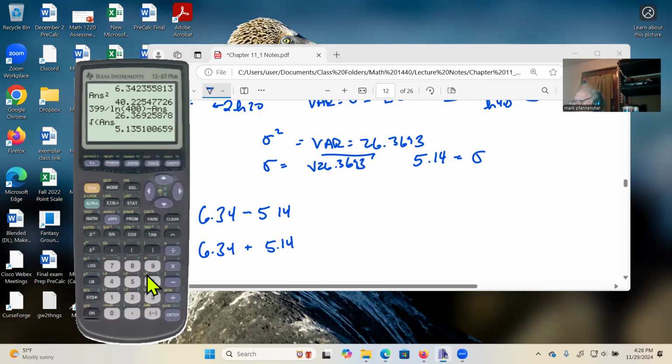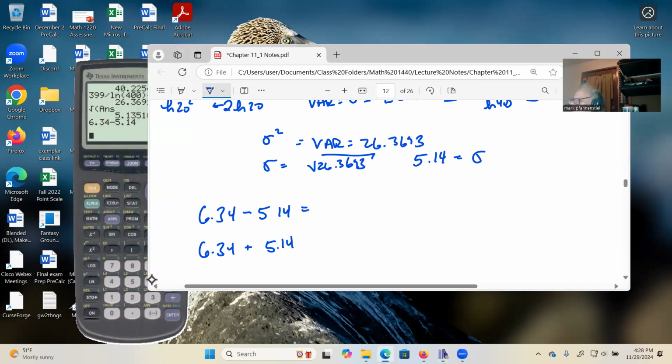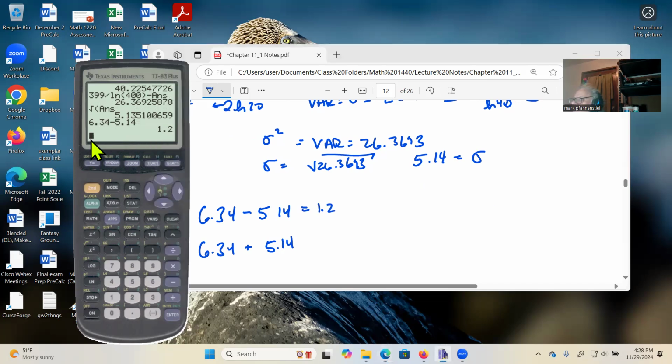Those are the values that are within one standard deviation of the mean. So we have 6.34 minus 5.14. I'm just doing this to two decimal places. We'll say that's 1.2. And now we have 6.34 plus 5.14. Okay, so it's 11.48.